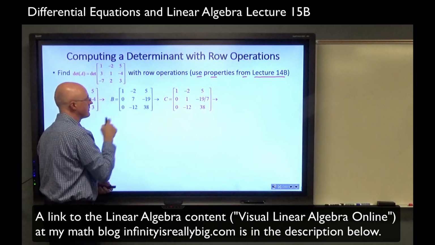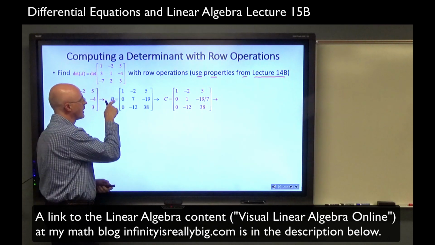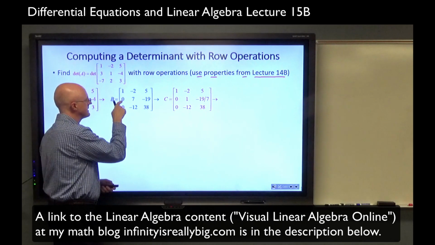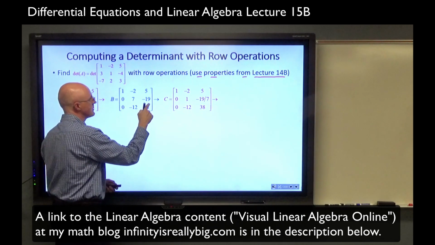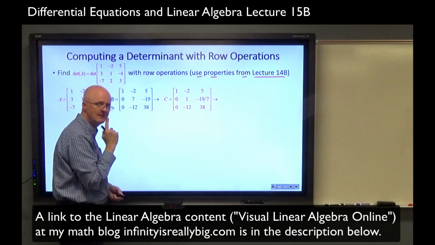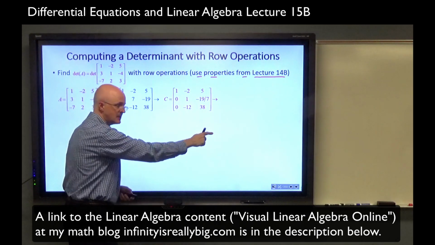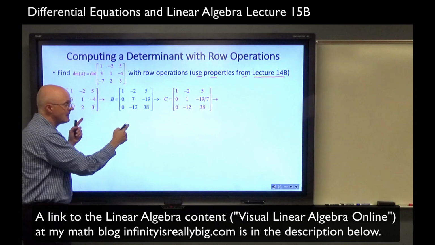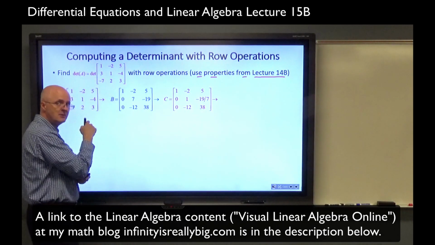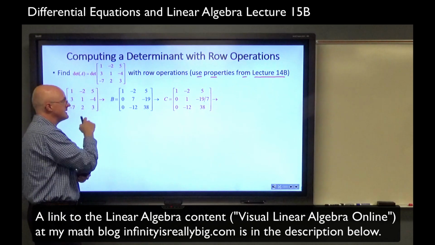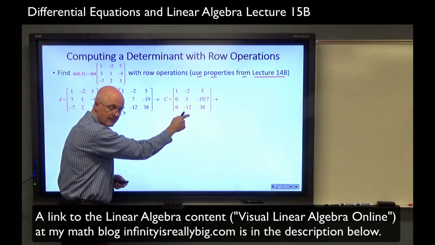I kept row 1 and row 3 the same. I multiplied row 2 by 1/7. 0 times 1/7 is 0, 7 times 1/7 is 1, -19 times 1/7 is -19/7. This does not have the same determinant as either of these two. Its determinant, in fact, is 1/7 the determinant of these two. Said another way, the determinant of these two is 7 times the determinant of this thing.